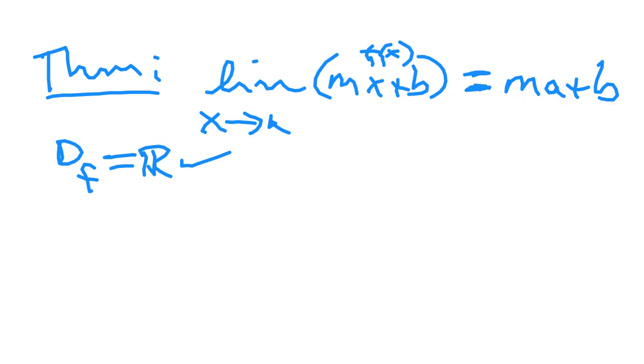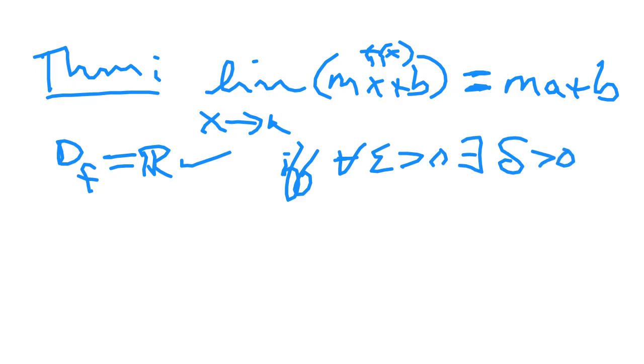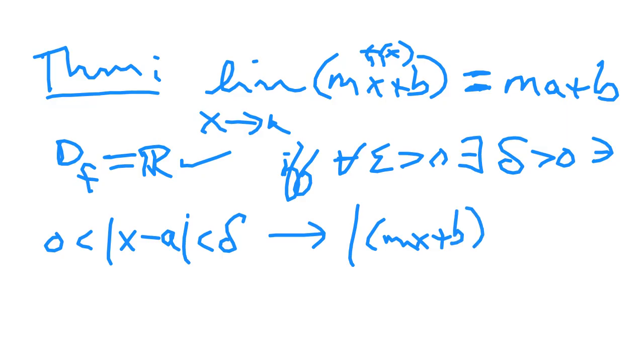If and only if for all epsilon greater than 0, the vertical window, there exists a delta, which is the horizontal window, greater than 0, such that 0 is less than the absolute value of x minus a is less than delta would imply or guarantee that the absolute value of f of x, which in this case is mx plus b, minus L, the limit, which we said on the right side is ma plus b, I'm trying to prove this, would be less than epsilon, correct? Everybody good with that? That's just following the definition.